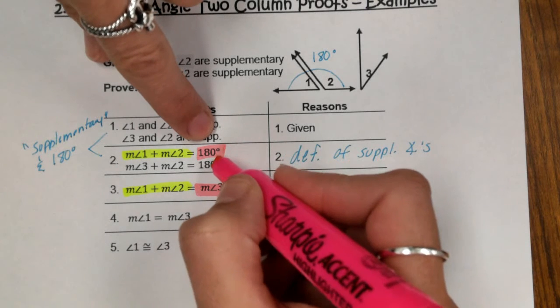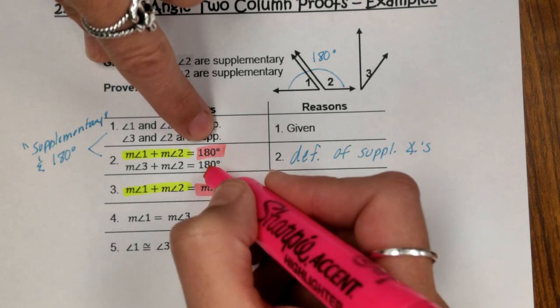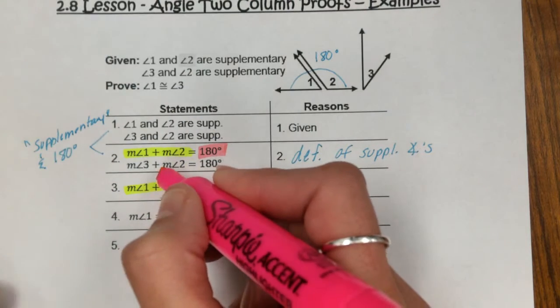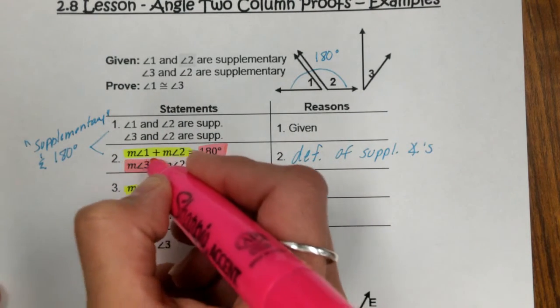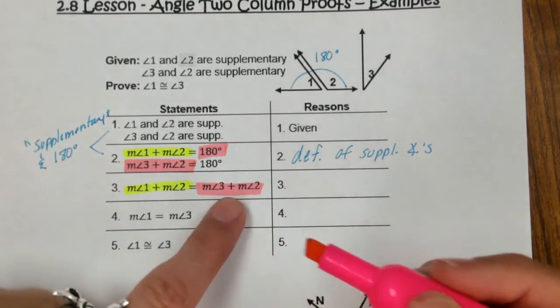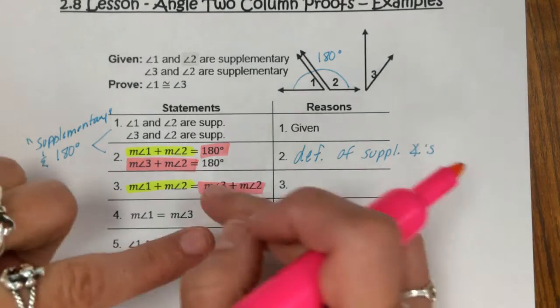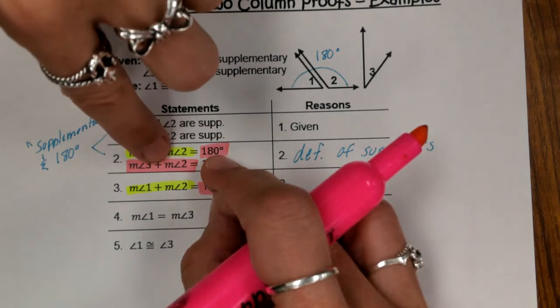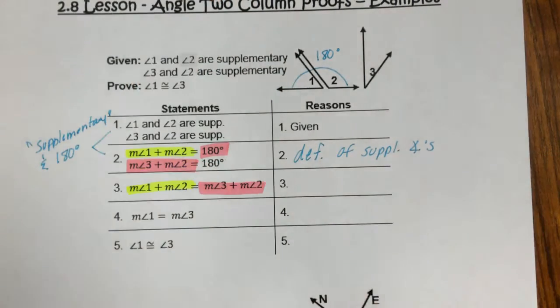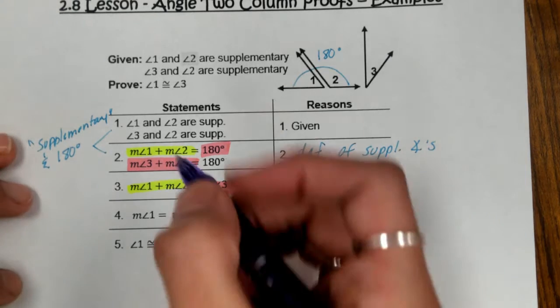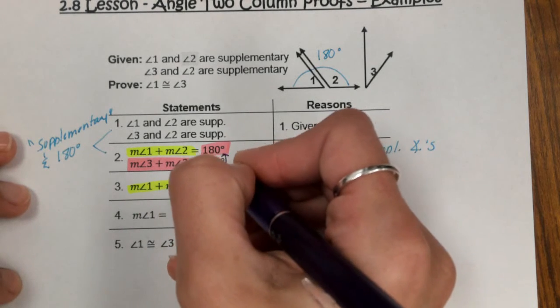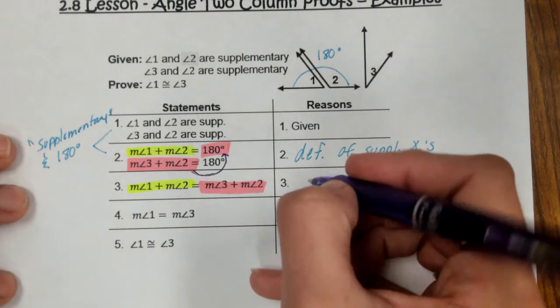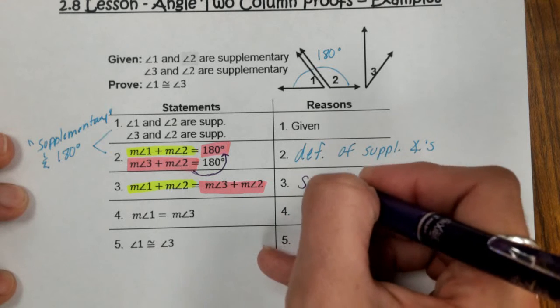We replaced that with something else that equaled 180 degrees. And what else equaled 180 degrees? The measurement of angle 3 and the measurement of angle 2. So we ignored this 180, we've replaced it with something else that equals 180. And when we replace, we're looking at substitution.